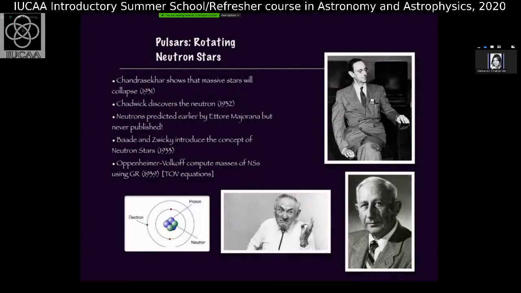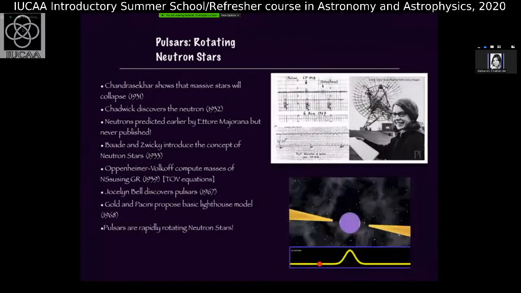So until now, neutron stars were predicted theoretically, but nobody had observed them. Then finally, in 1967, a young PhD student at Cambridge University called Jocelyn Bell discovered pulsating, rotating stars, which she called pulsars.